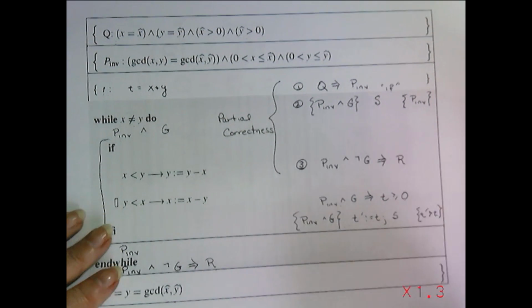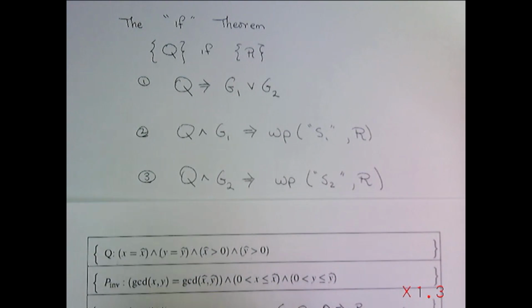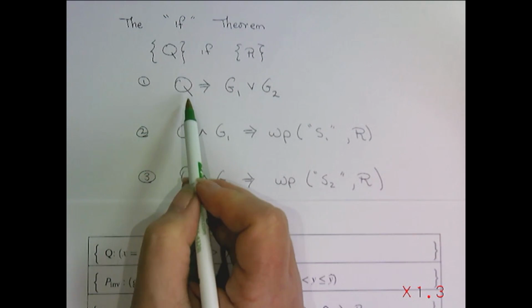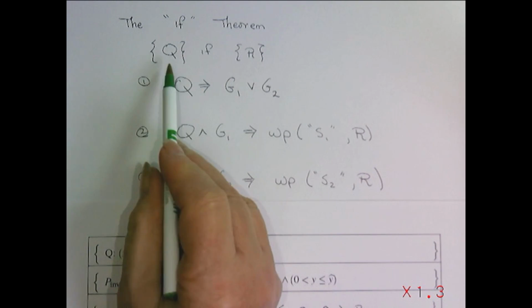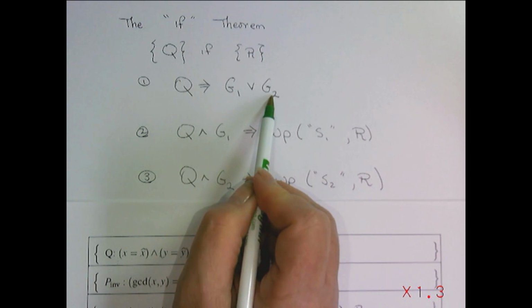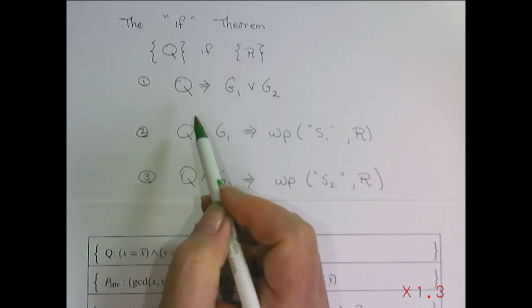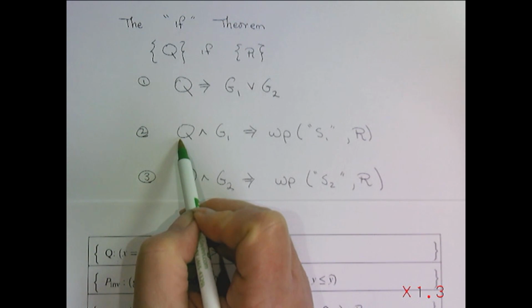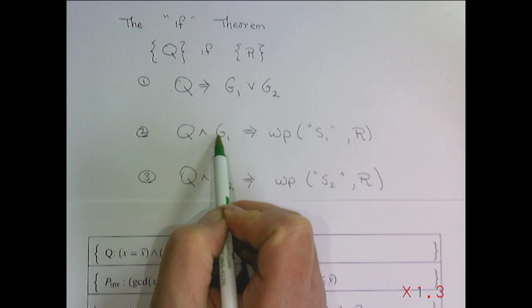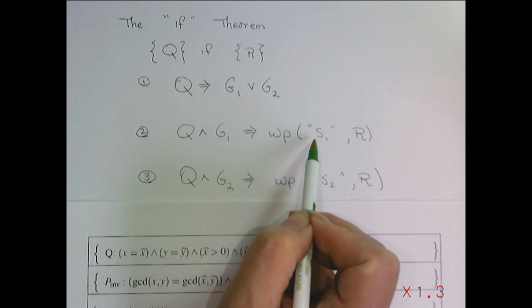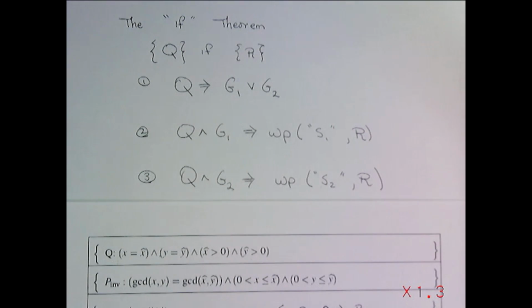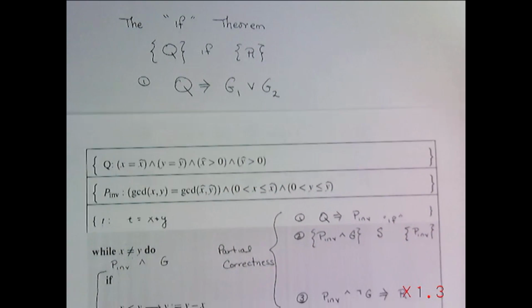Recall, the if theorem tells us that if we had an if command with two guards, in order to prove it correct, we would need to show that the precondition for the if implies at least one of the guards holds, and then for each one of the guards we would need to show that the precondition and the guard implies the weakest precondition of the command corresponding to the guard, and the postcondition. Let's see what that looks like for this particular case.